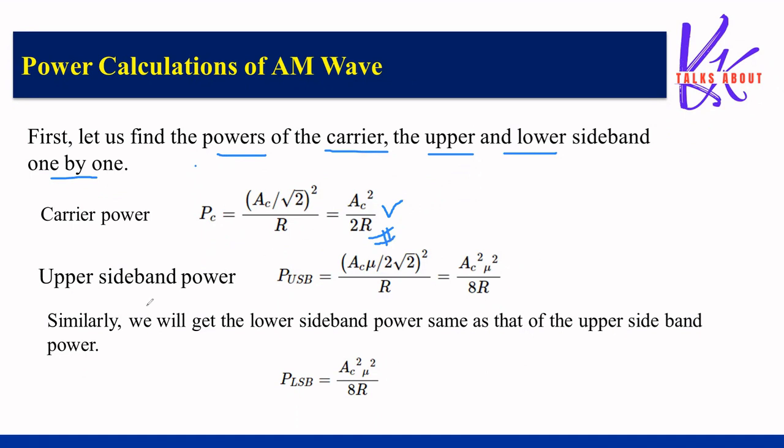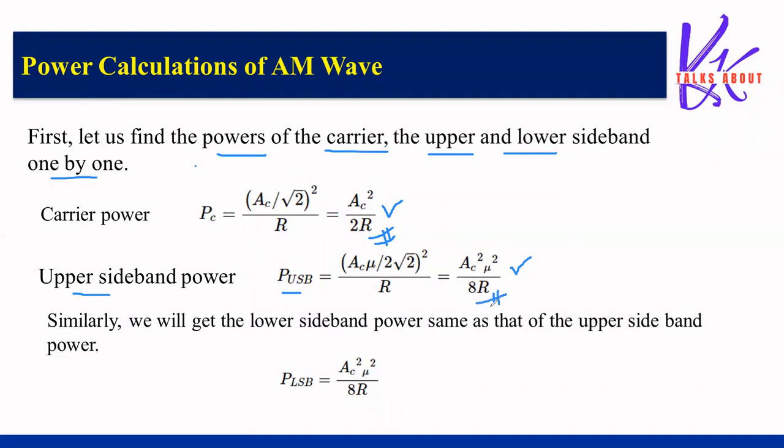And in a similar way, if you look into the upper sideband, PUSB is nothing but Vm square by R, where the maximum voltage Vm is given as Ac mu by 2, and the rms value is Ac mu by 2 root 2. So Ac mu by 2 root 2, whole square, by R gives Ac square mu square by 8R.